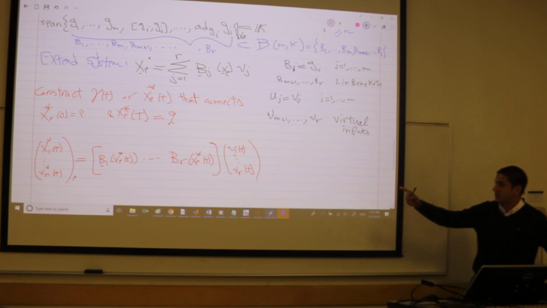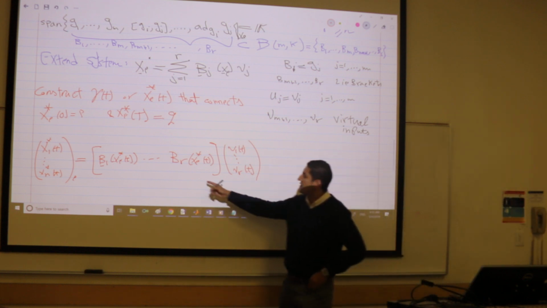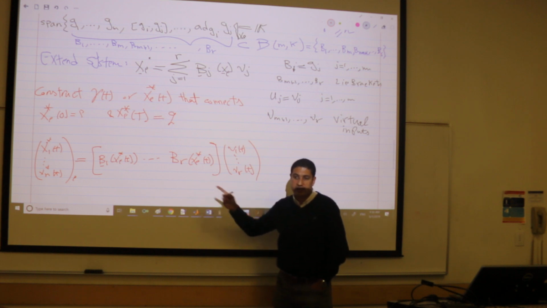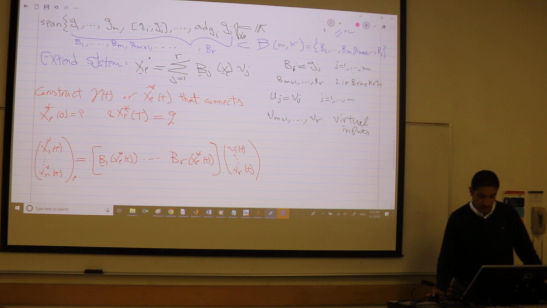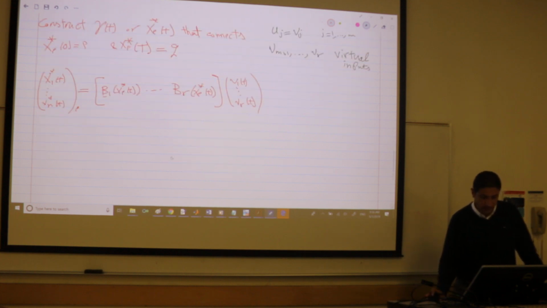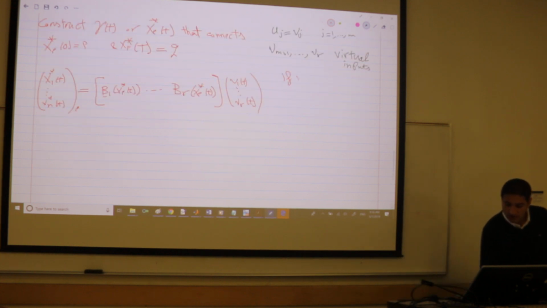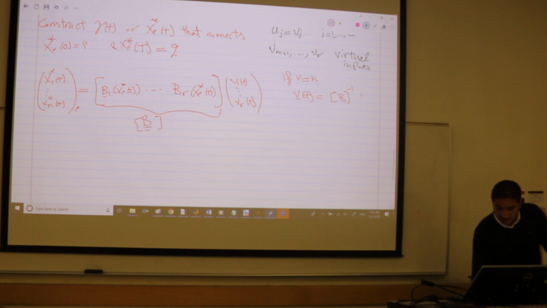And I can solve this system. So if R equals N, this matrix is square, I can invert it. Why can I invert it? Why are you sure that we can invert it? If R is greater than or equal to N, in particular if it's equal, at the least I can actually invert it. So if we call this matrix B, then V of t is B inverse times X star dot.